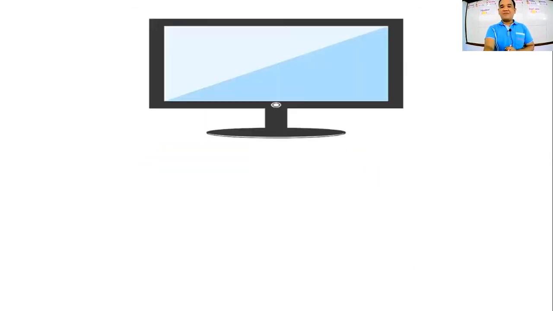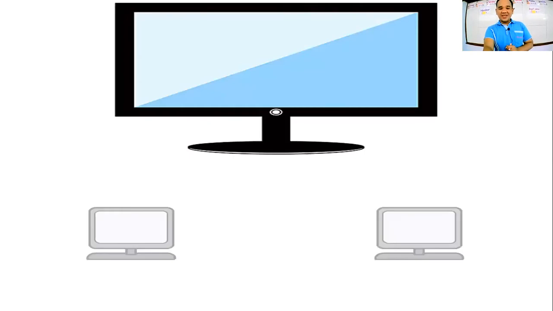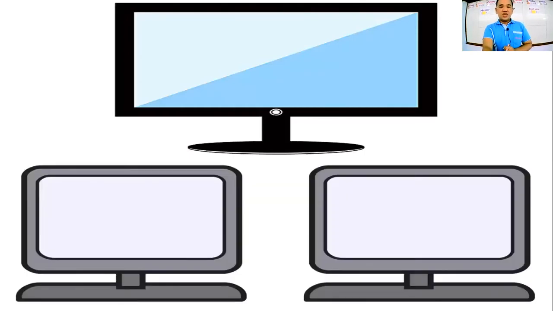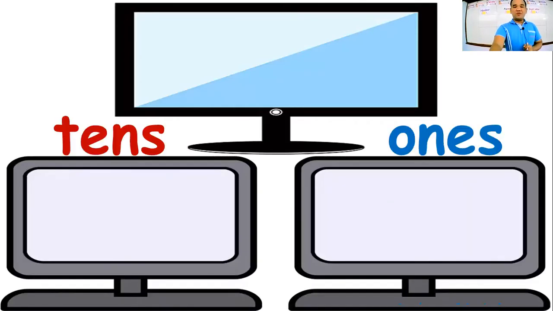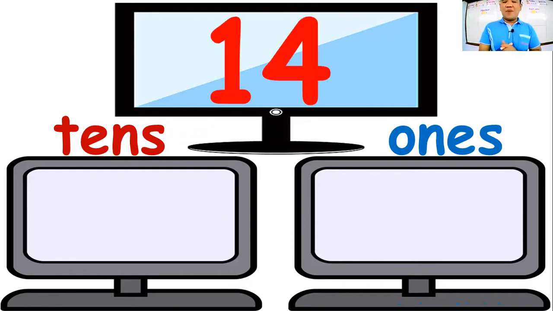Let's have another here. In this picture, you can see we have 3 PCs, or 3 monitors rather. On the top of our monitor, you can see there is a number 14, and there is a tens and ones.